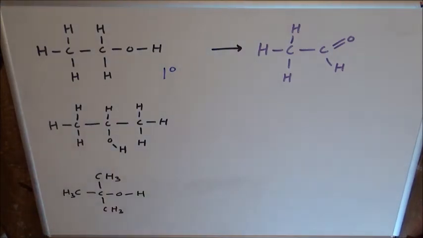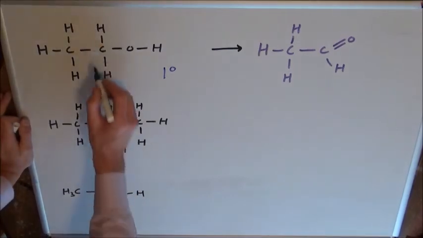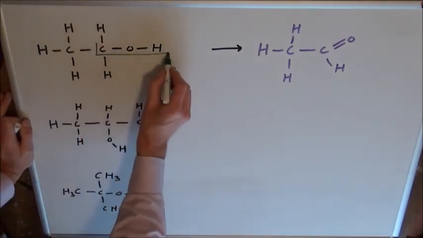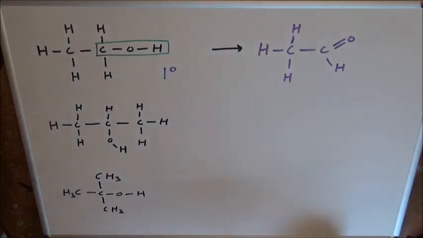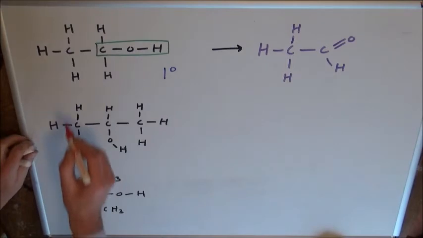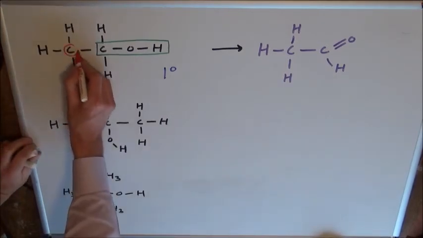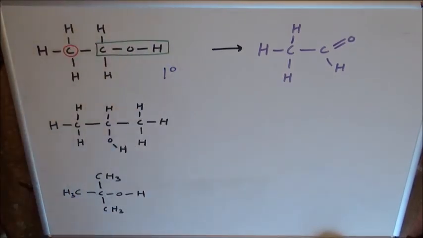The way I identify that as a primary alcohol is I look at the alcohol group. There's the carbon, the oxygen and the hydrogen, and I look at the carbon atoms attached to that carbon. So that carbon has got one other carbon attached to it, so that's why it's a primary alcohol.